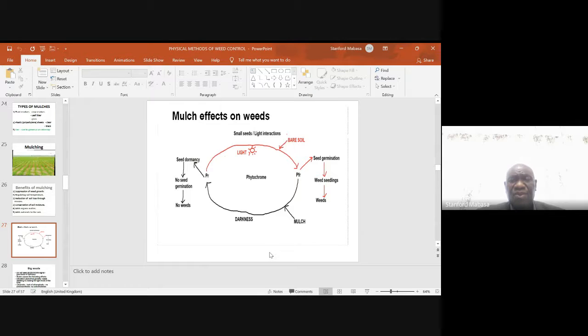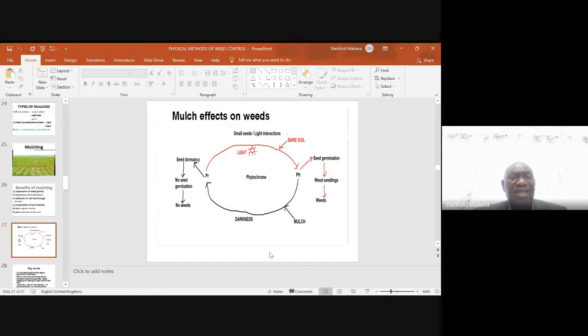Now, probably you should know that phytochrome can control the germination of weed seeds. Here we are talking of small weed seeds. Now, if you come in with the mulch, you create darkness, and phytochrome is changed from phytochrome far red to phytochrome red.